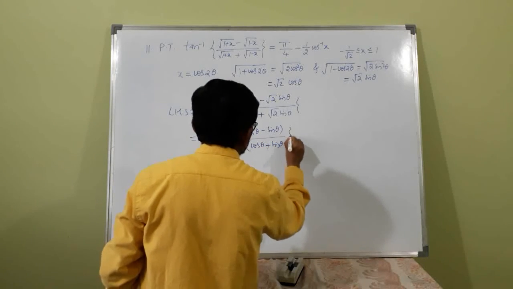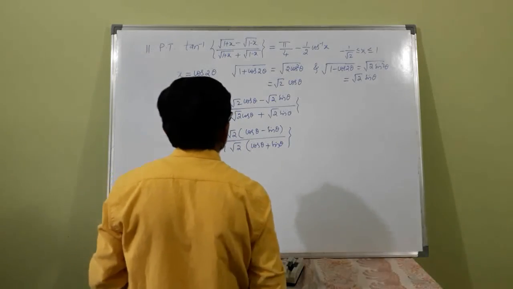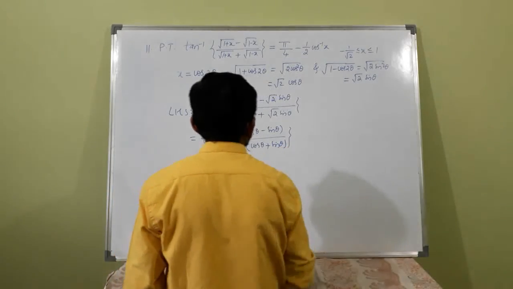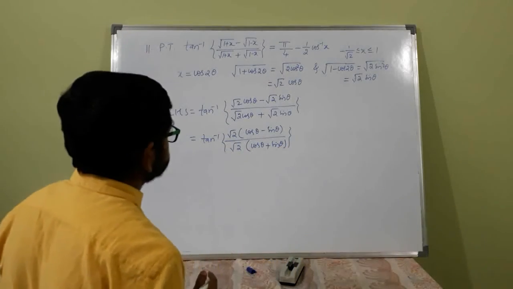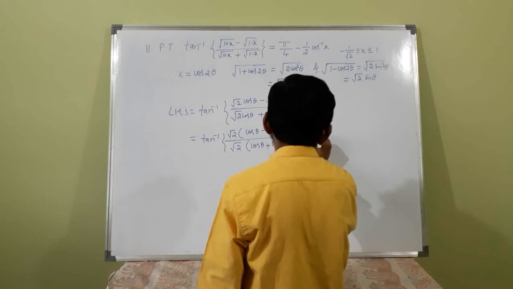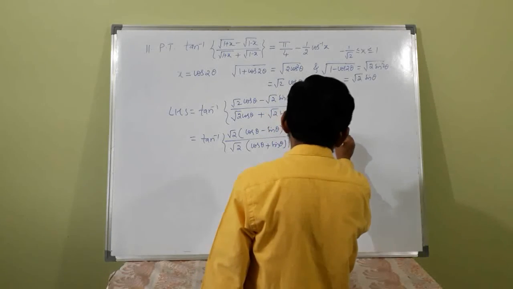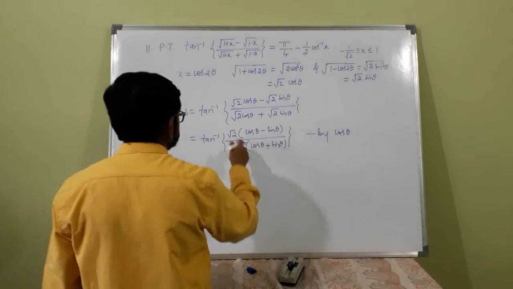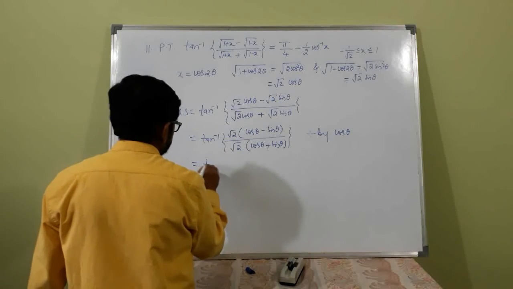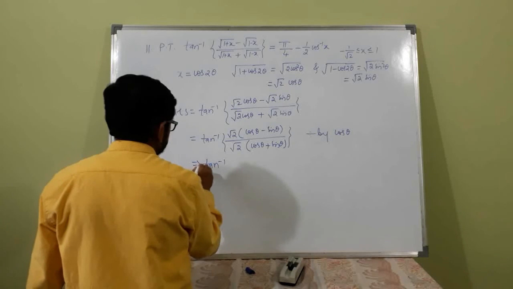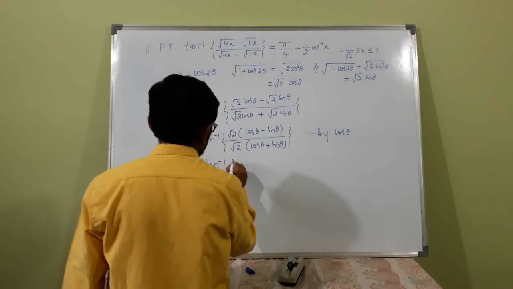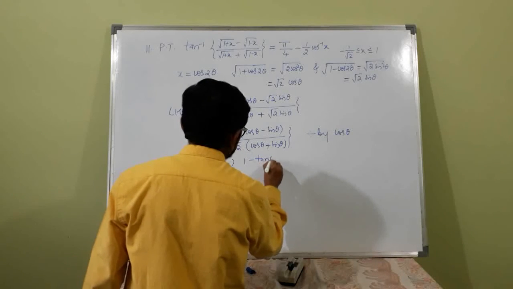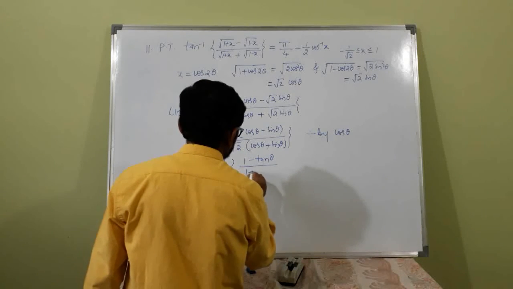Okay. So root 2 get cancelled, cos theta minus sin theta dividing by cos theta, both numerator and denominator of this factor, tan inverse, this implies 1 minus tan theta divided by 1 plus tan theta.